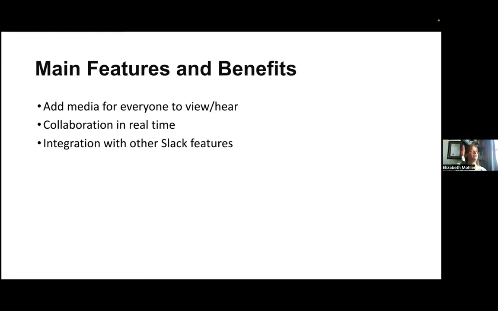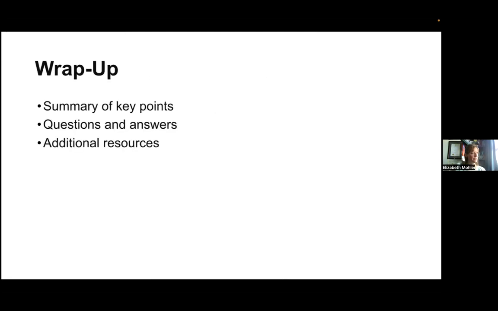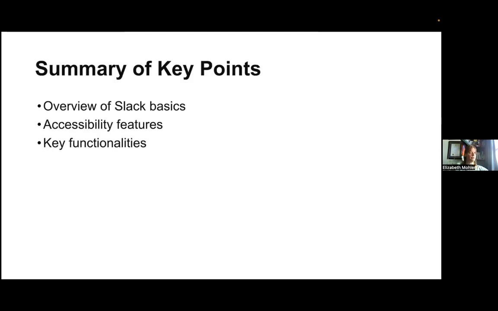So maybe what we'll do is go to summary of key points, which is slide 33. So we talked a little bit about the Slack basics and how to use it. We talked about direct messages, we talked about channels. Channels are things like your social, your announcements, and what other channels do we have in there? You might have one for specific events.